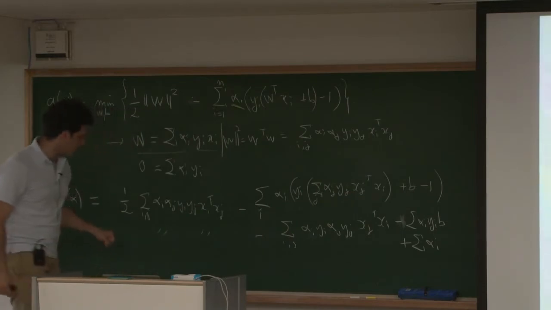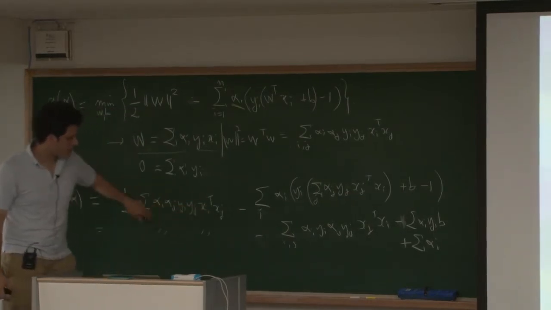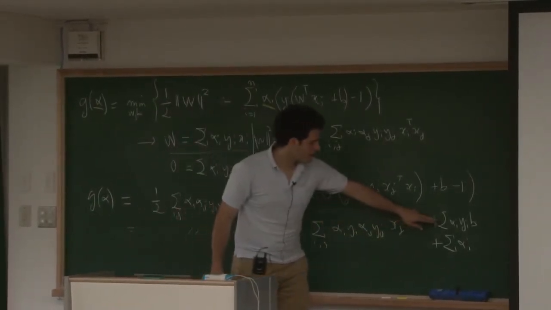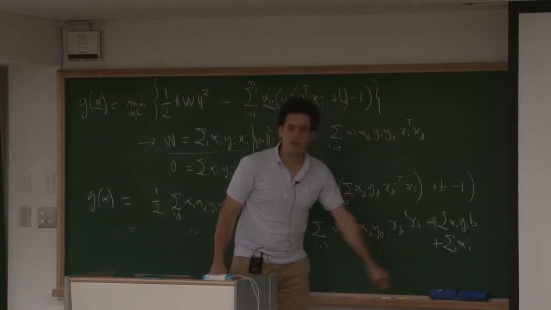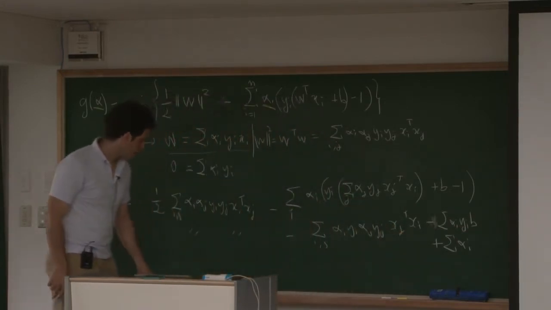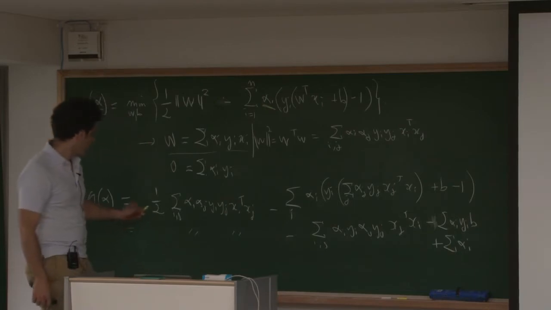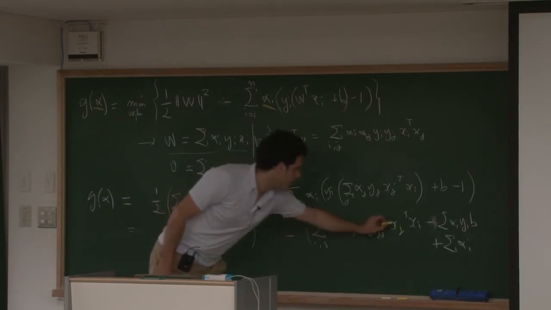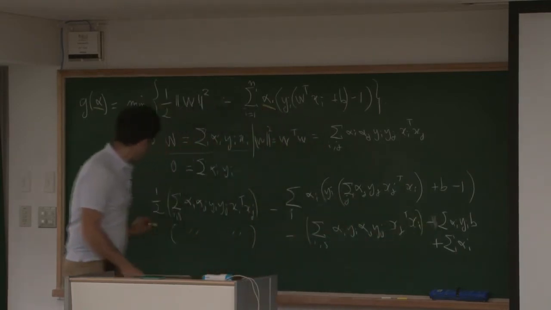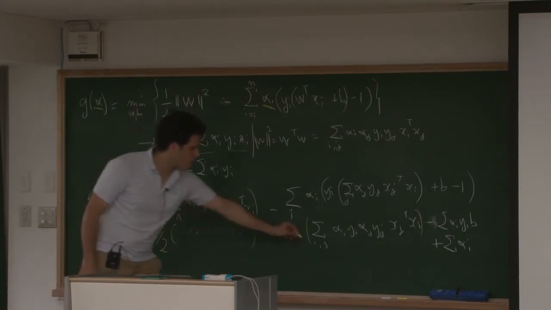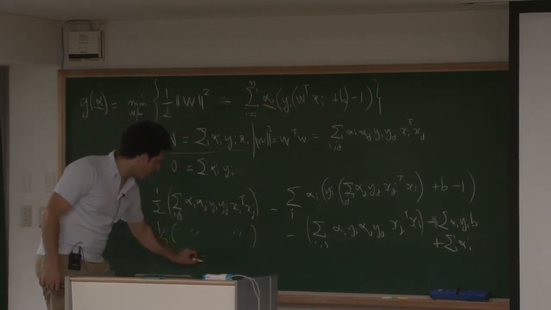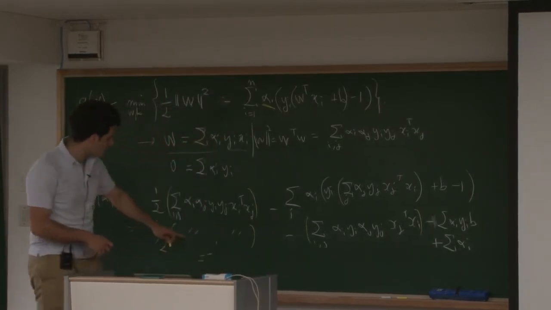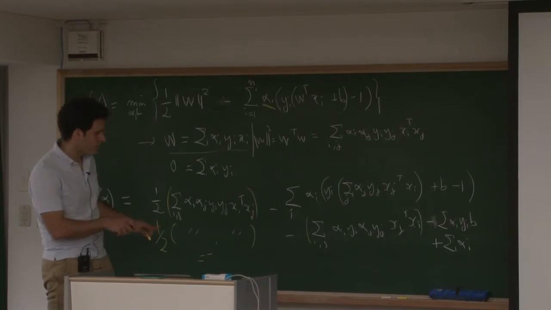So to recapitulate, I have 1/2 times this quadratic term minus this quadratic term minus the sum of alpha I yi b plus the sum of alpha I. This term and this term are the same, except that here it's 1/2 minus 1, so it's going to be minus 1/2 times this term.